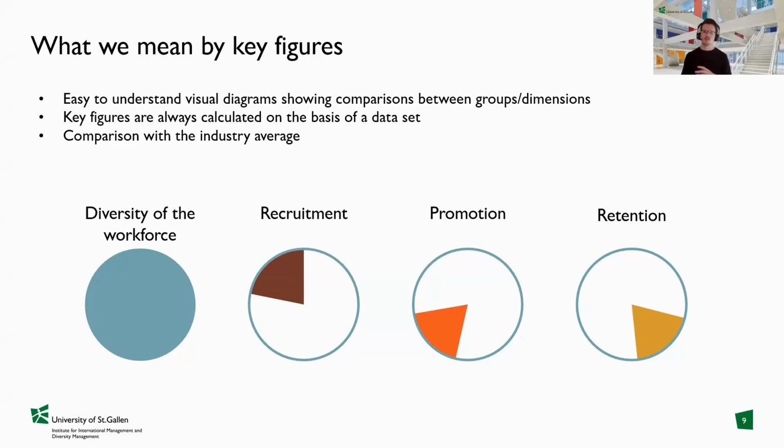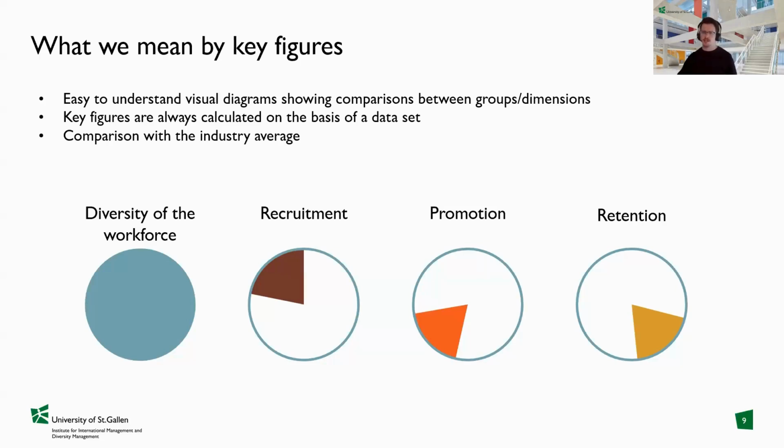Those key figures are calculated based on the employee data set that you send us, and they also include a comparison with the industry average. We then have key figures based on the diversity of the whole workforce, and key figures based on the different employee life cycle steps, from recruiting to promotions to retention.